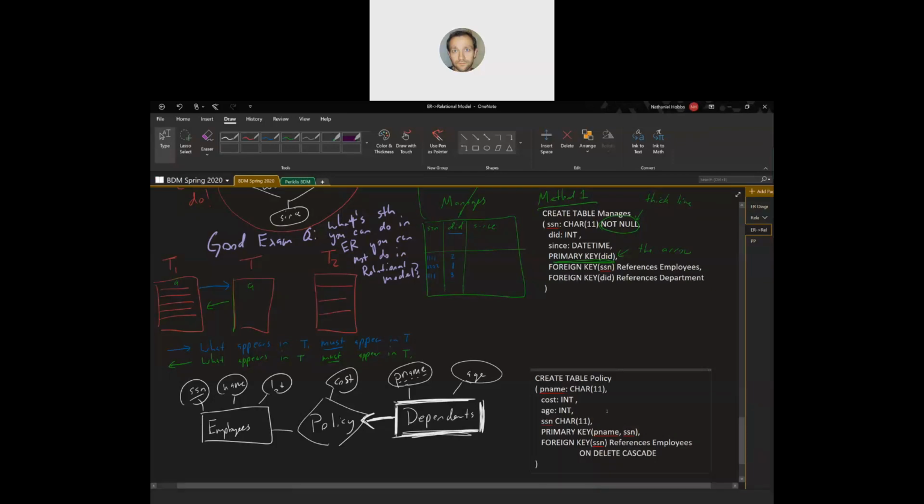Yes, pname and SSN define a dependent. Here. That's the key. Yes, this dotted line means that this is not unique. The pname is not unique by itself, but the combination here is. Pname and SSN is a composite.